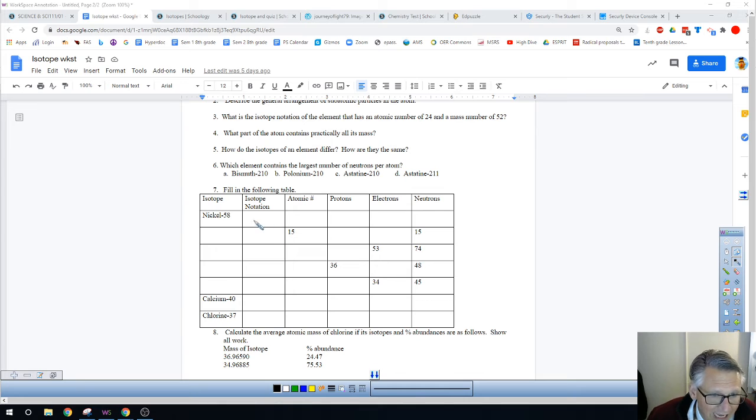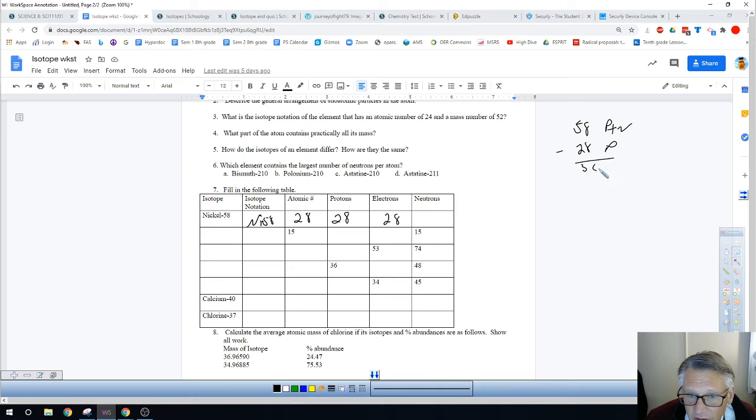So nickel 58, that'll be Ni58. And nickel's atomic number is 28. So it's going to have 28 protons and 28 electrons. And 58 protons plus neutrons minus 28 protons will give us 30 neutrons. Okay, atomic number of 15, that is going to give us phosphorus.